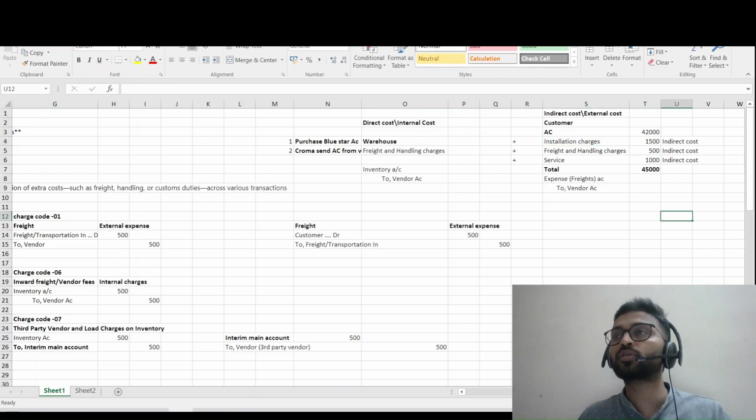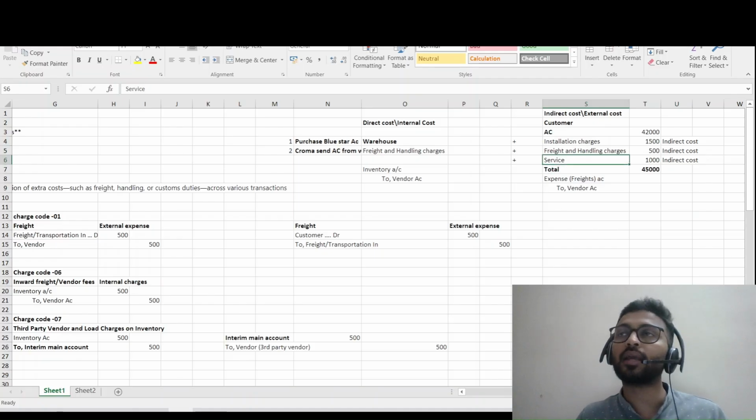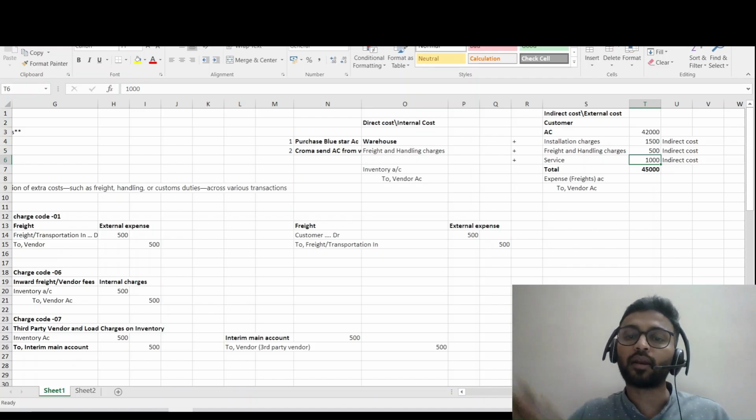Now there is one more type of charges, which is third party charges. In this case, suppose I have given service to a third party vendor. So I will collect 1000 rupees from the customer, but the cost of this will not be borne by me. I will give this 1000 rupees to the third party vendor, and the third party vendor will incur the cost of the service.